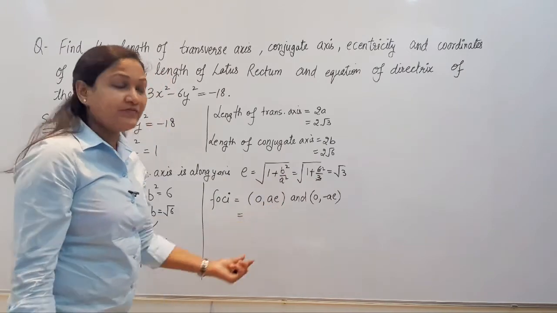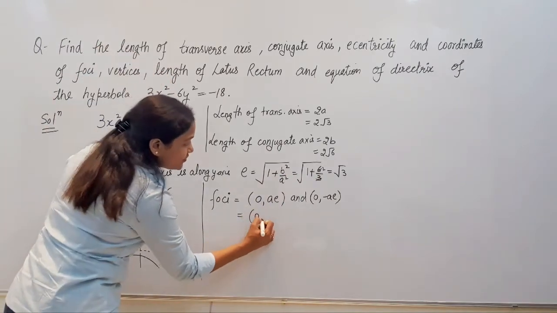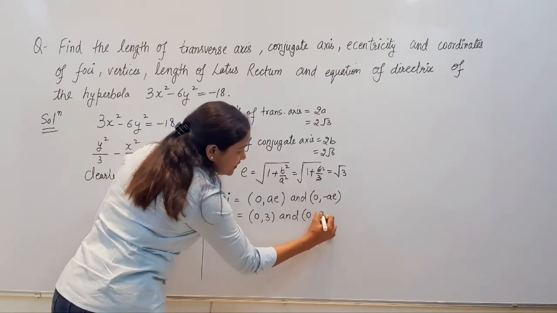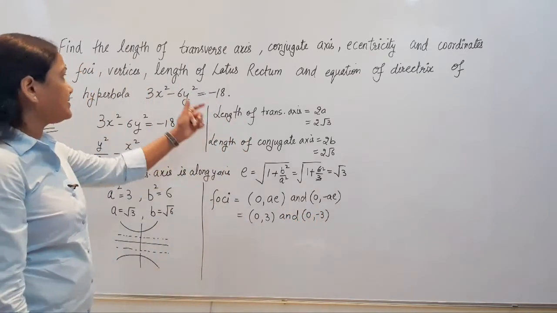So AE will become 3. So 0, 3 and 0, minus 3 are the foci.